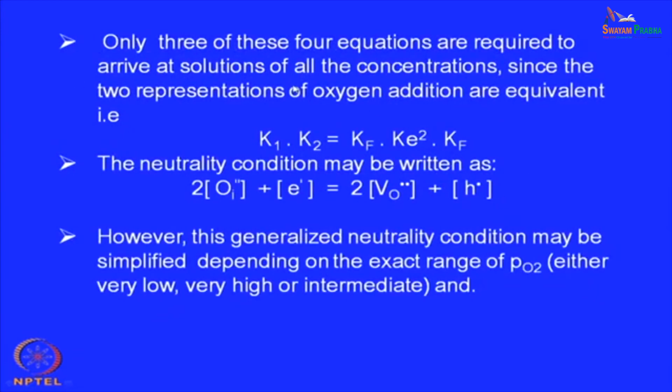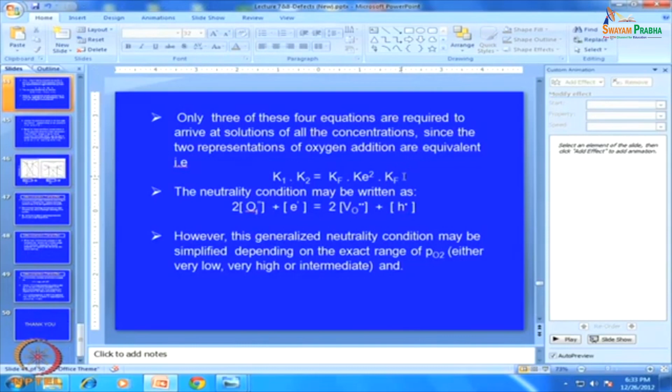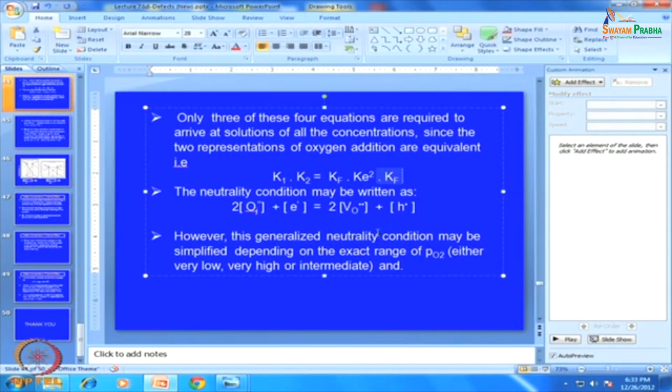Well, only 3 of these 4 equations are required to arrive at solutions of all the concentrations, since the 2 representations of oxygen addition are equivalent, that is K1 into K2 equal to Kf into Ke square. Okay. No, Kf will not be there.